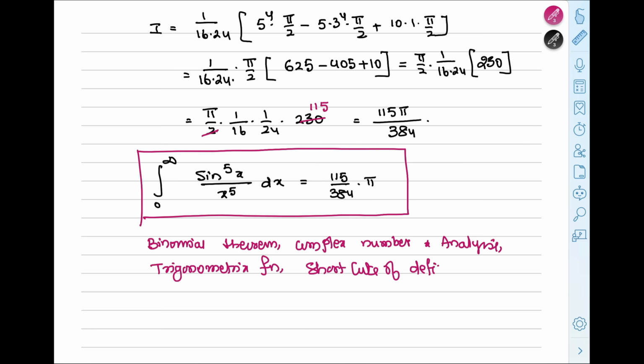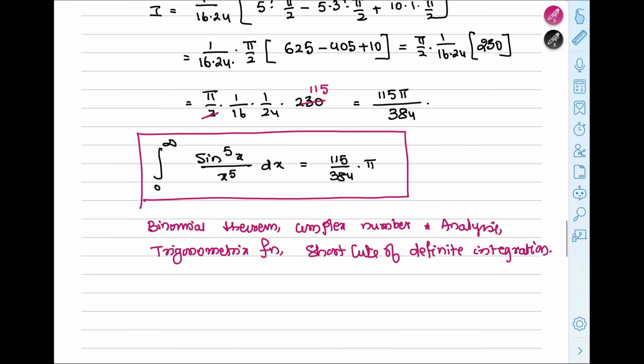Now, with this, we got the answer as 115 by 384 into pi. It's a very good example. It's an exhaustive example, so it's very good for practicing.